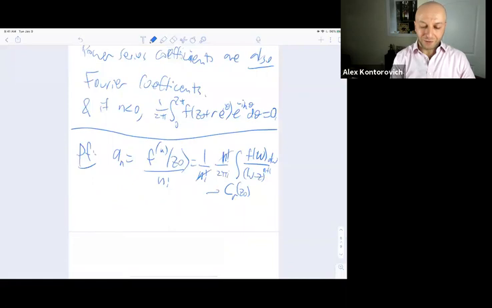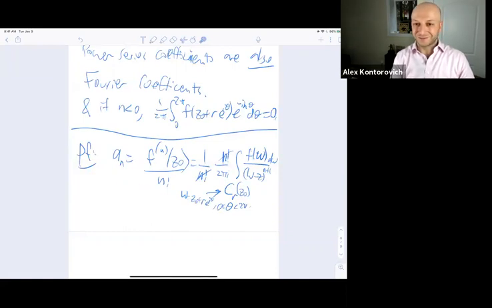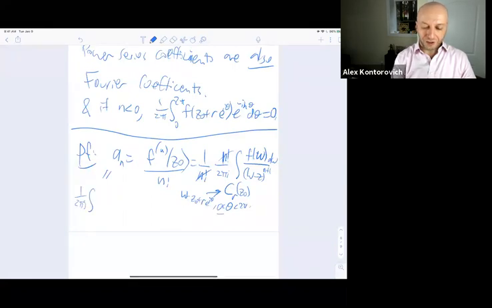How should we parametrize w on this circle of radius r around z0? How about z0 plus r e to the I theta, as theta goes from 0 to 2 pi. If I make this parametrization for our dummy variable w, then that'll start at z0, but then it'll shift by r and go around a circle. Okay, so now I have 1 over 2 pi I, and integral theta goes from 0 to 2 pi.